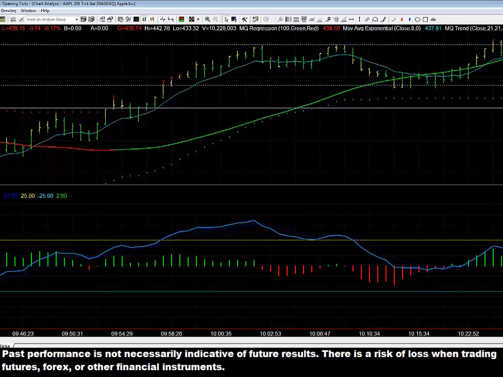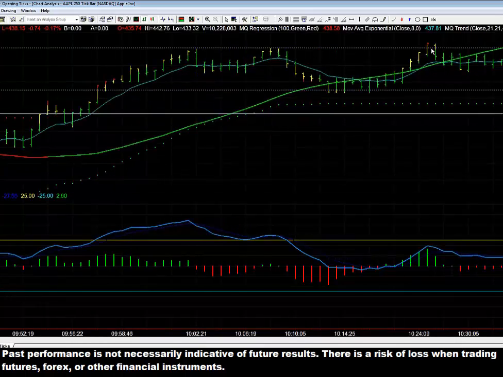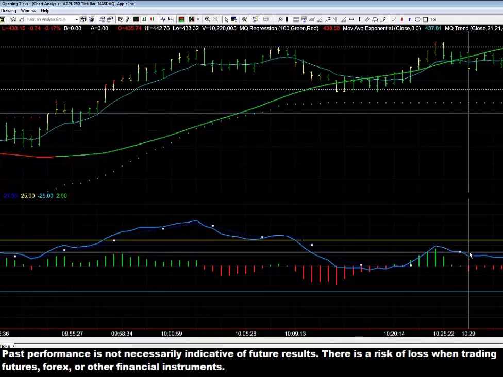Now the histogram is definitely higher, so you want to be careful if you're going to try to trade this as a divergence. But if you do go short here because it's significantly overvalued, or even on this bar when the indicator line starts to slope down, you can follow it down and maybe take profits here or here.